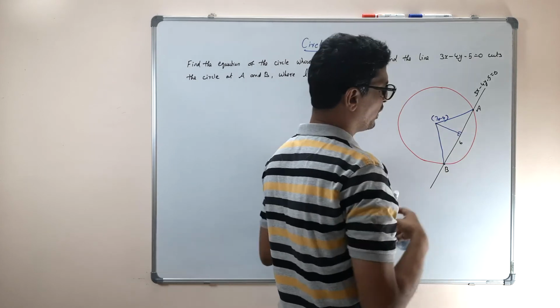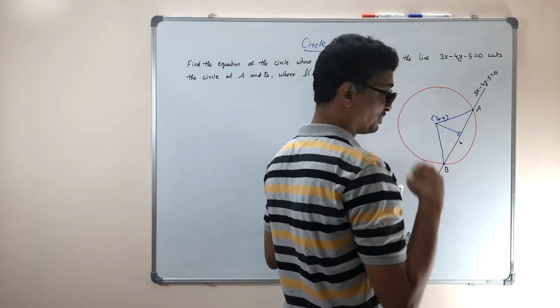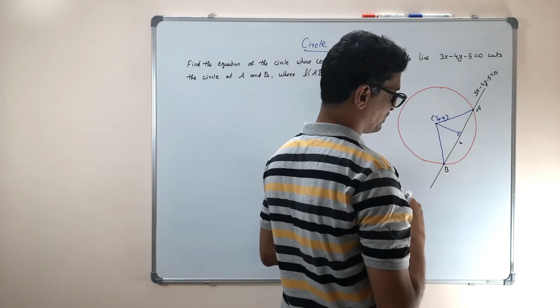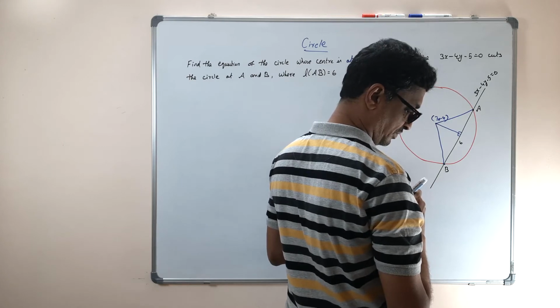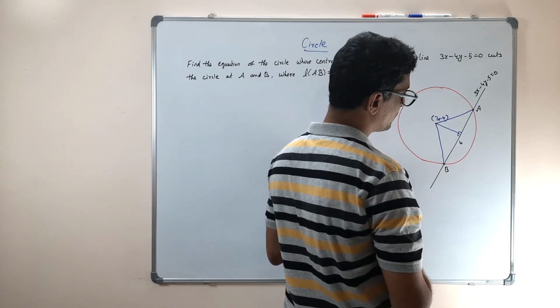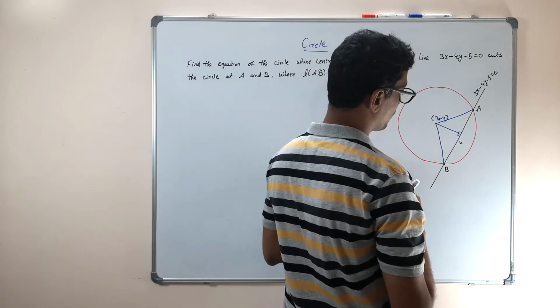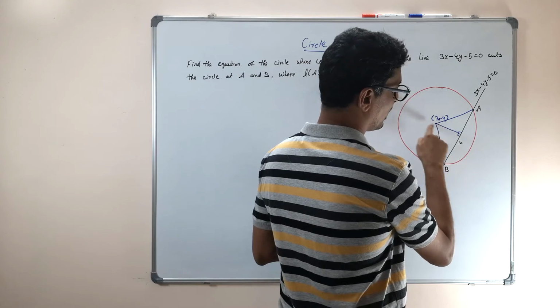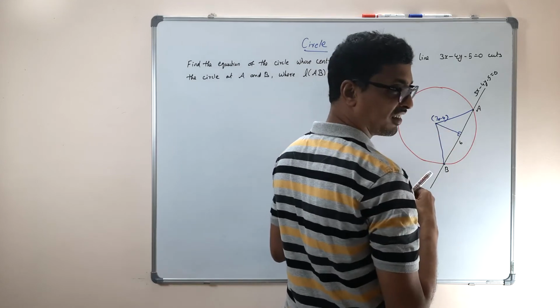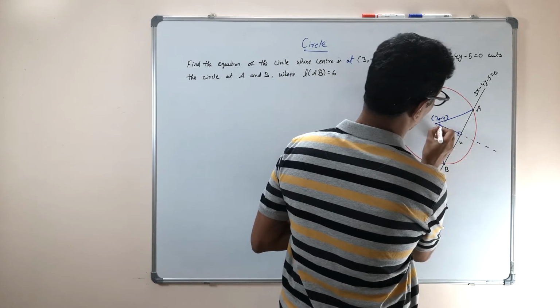So now can't you find what is this distance? Can you find the slope of this line? Correct, we can find the slope of this line.